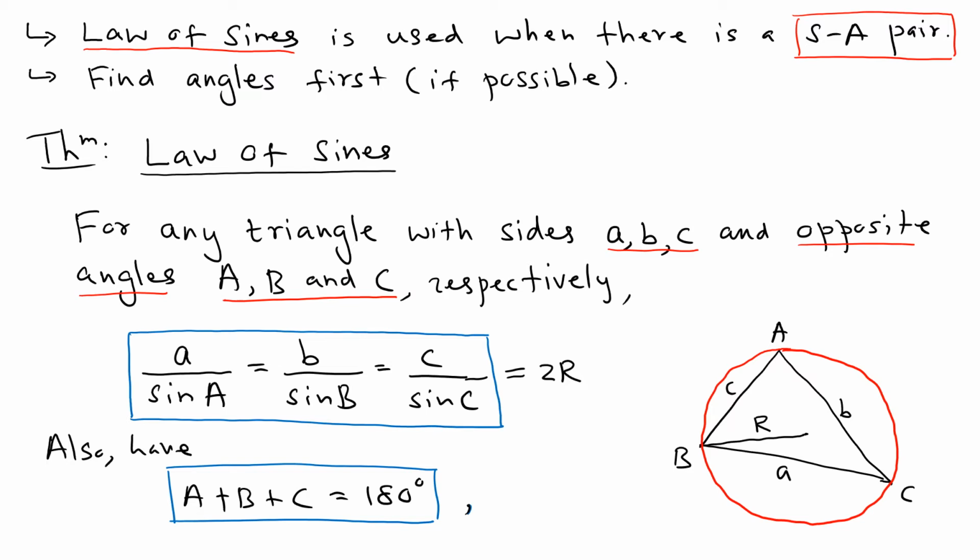So if a and b are the short sides, then the sum of those short sides has to be bigger than the larger side. Okay, so those are the things that we're going to use, and let's see how we're going to use these in problems.